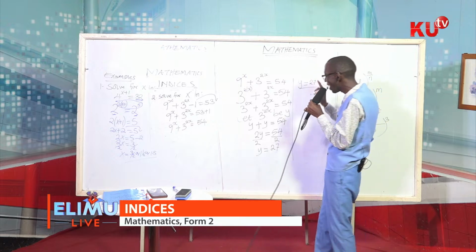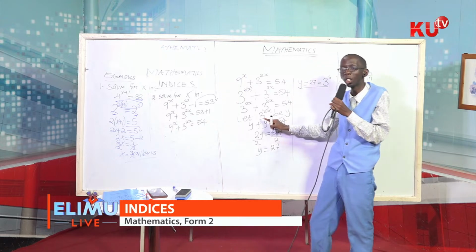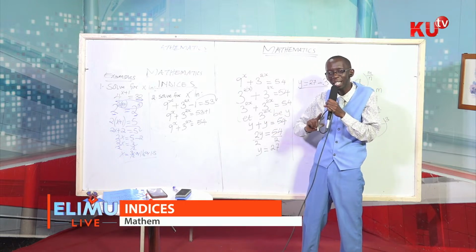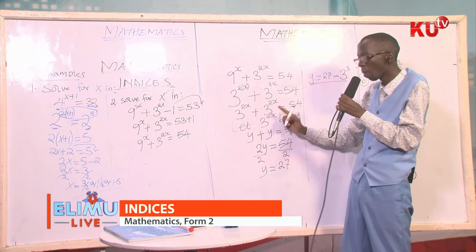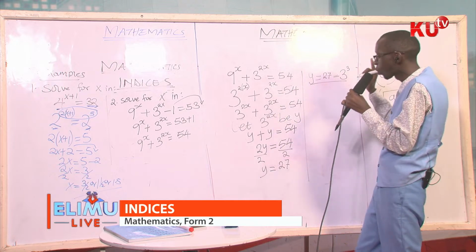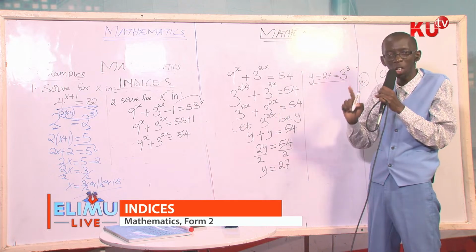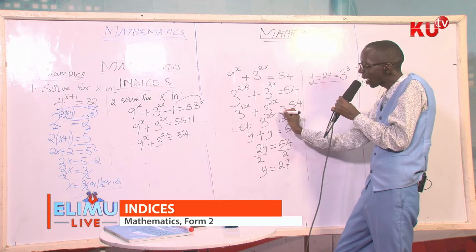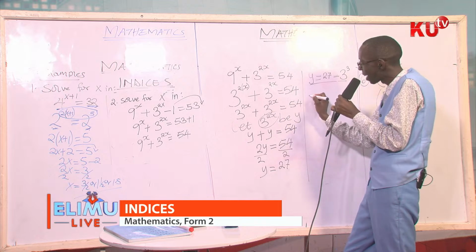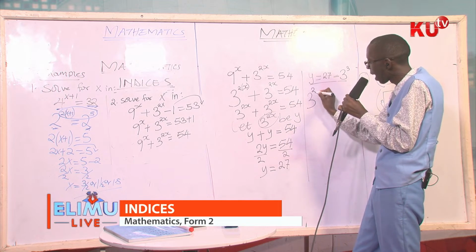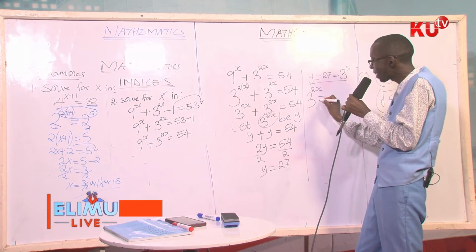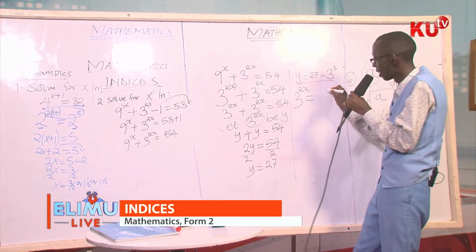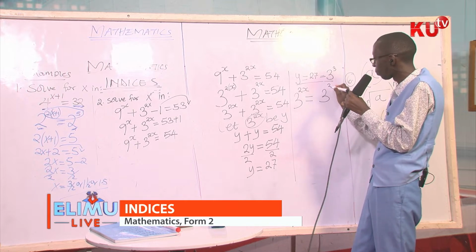And you had let y be 3 to power 2x. Remember, you had let y be 3 to power 2x, and you have solved for y and gotten y as 3 to power 3. So take whatever you had let, that is 3 to power 2x, and equate it to the value of y that you have gotten, 3 to power 3.